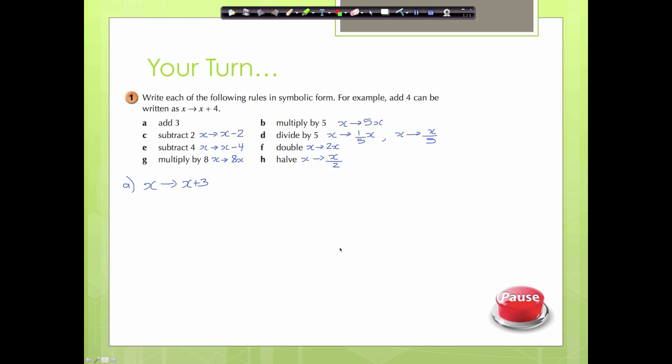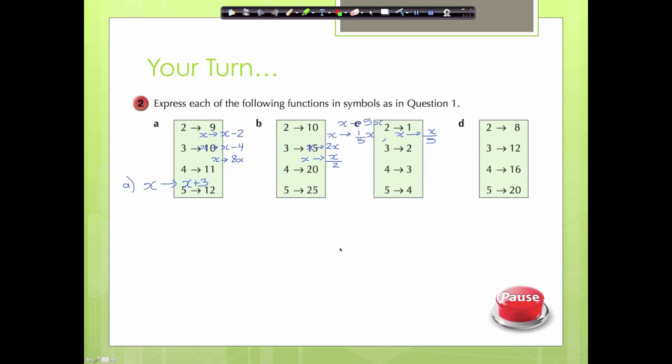For this next one, you need to express each of the following functions in symbols. Okay, so similar to question 1. So for the first one, we've got 2 to 9, 3 to 10, 4 to 11, and 5 to 12. We need to know, how can I get from 2 to 9, 3 to 10?